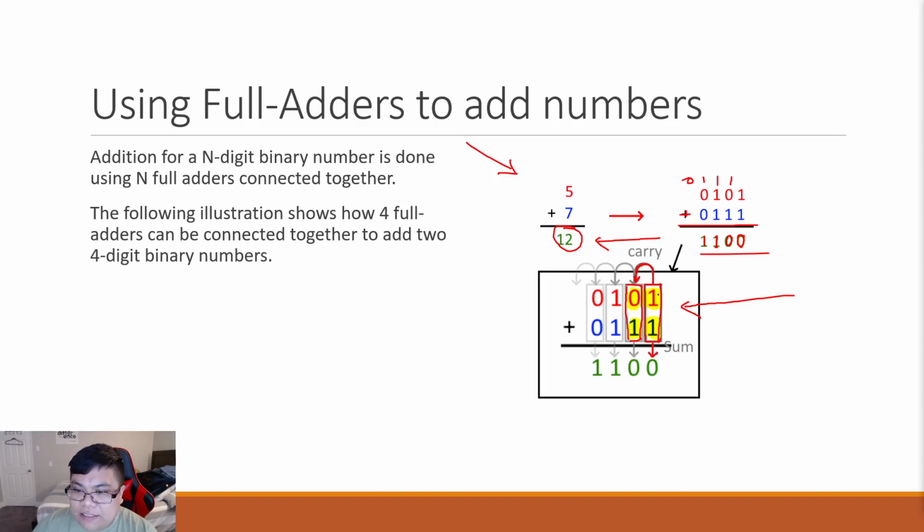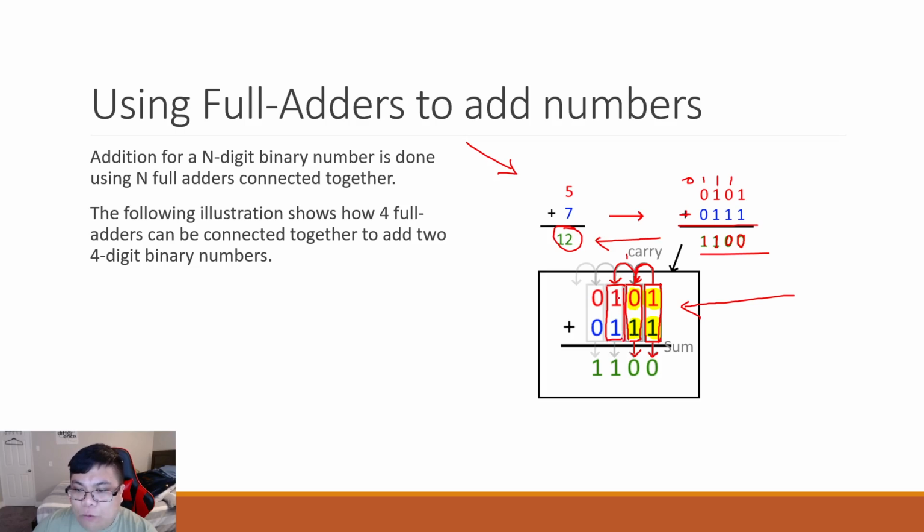Because the first full adder resulted in a carry, this wire here would represent a 1, okay? As a result, the summation would be 0, and then we would also have a carry bit feeding into this one. This rectangle here represents the third full adder.